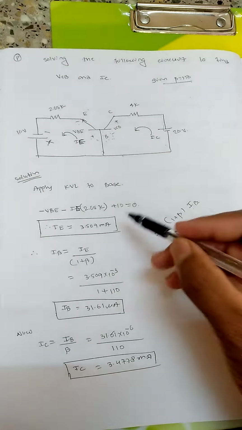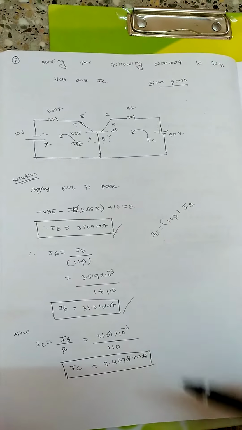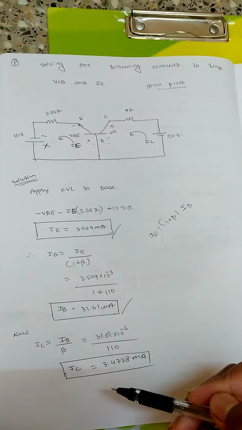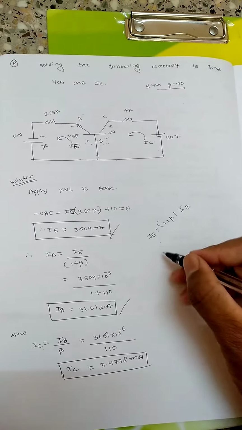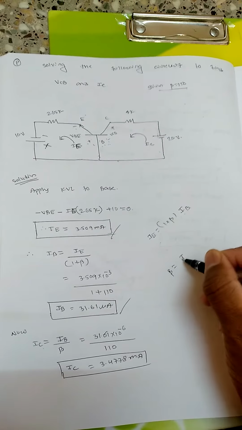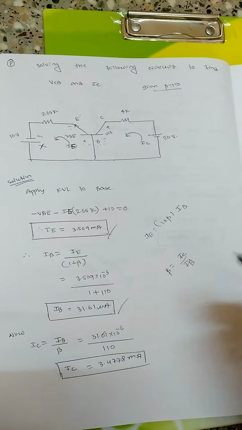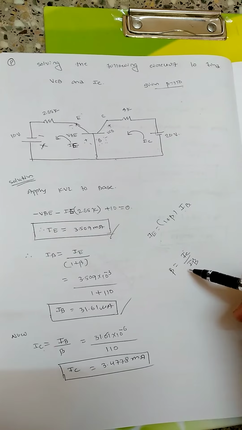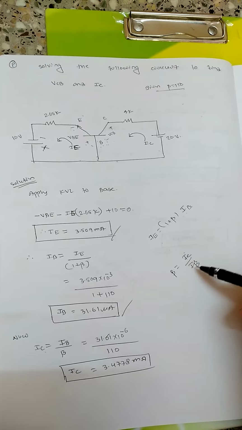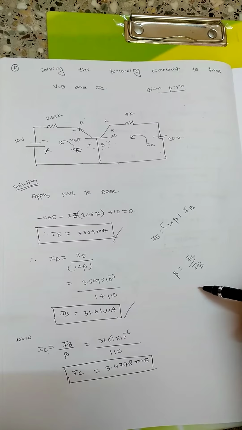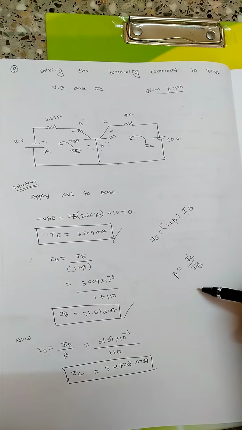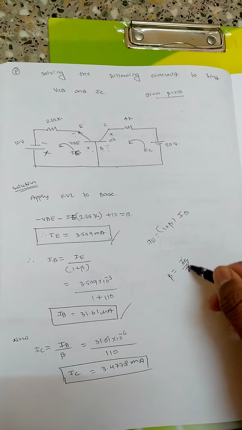I have got the emitter current and the base current, and now I need to find the collector current. We know that beta equal to IC by IB, so IC will be equal to beta into IB. The relation with input current by output current applies to the common base configuration, so it is not applied here.